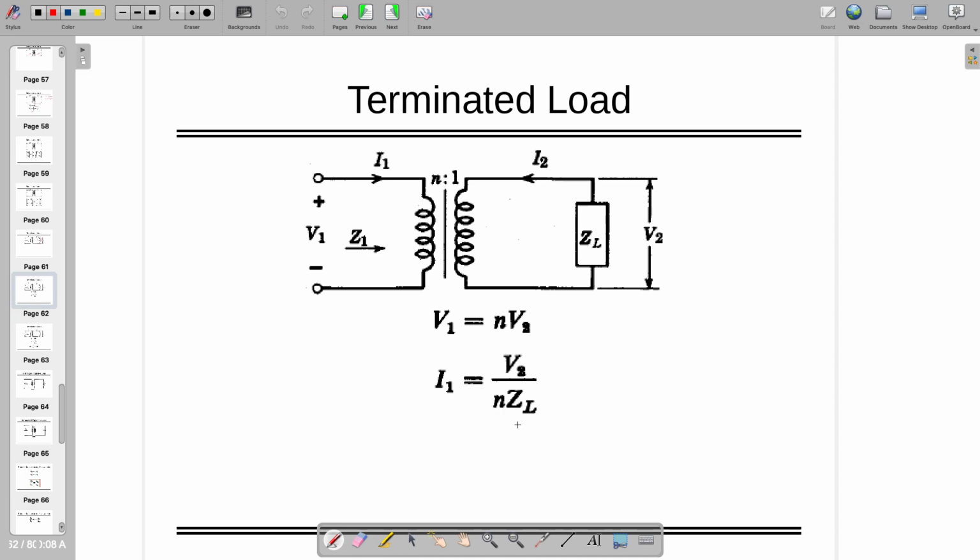So replacing V2 as V1 by n is going to give you this relationship, and this is going to give me V1 by I1, sorry, yeah, V1 by I1 is equal to n square ZL. Yeah, that is what I wrote.